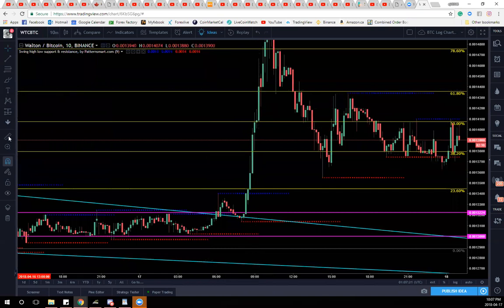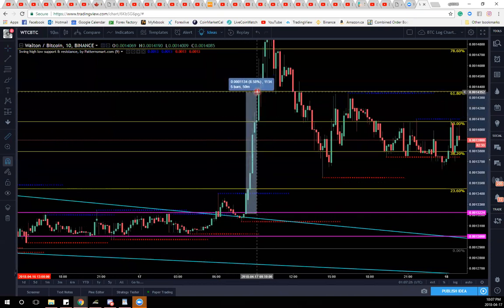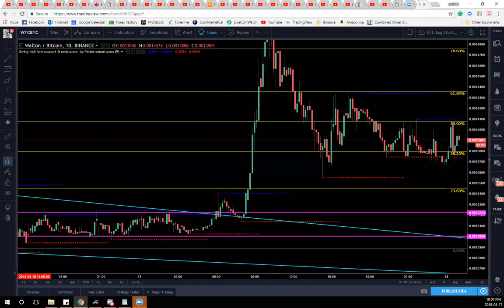Great trade. This is basically 8.5% in 50 minutes. If you trade with leverage, it's even greater than that, whatever the case might be. But there's nothing wrong with such a trade.